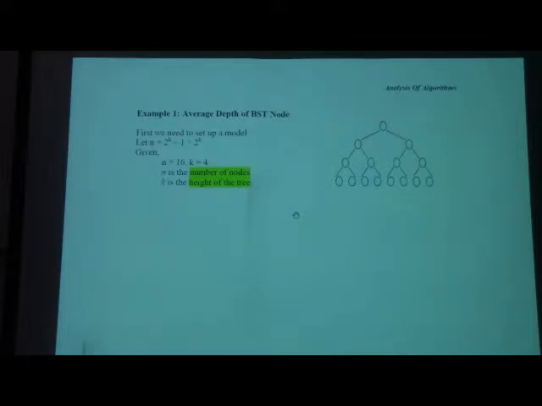The depth is increasing linearly. But the number of nodes goes 1, 2, 4, 8. The next one is 16. The number of nodes is increasing exponentially. So we have a product of a linearly increasing variable, the depth, times an exponential variable, the number of nodes. That's how we're going to sum all of the depths.